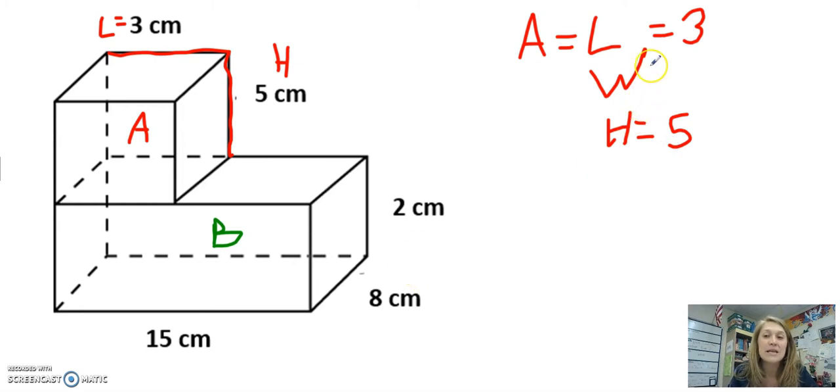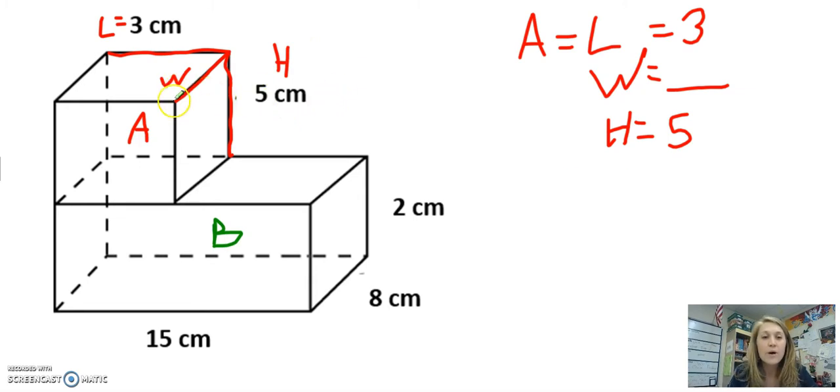But what I'm missing is the width. I don't have any label on figure A that tells me this piece right here, the width. So what I'm going to have to do is use what I know about rectangular prisms, or more specifically rectangles, to help me find the width. When I think about a rectangle, I know that opposite sides are congruent.